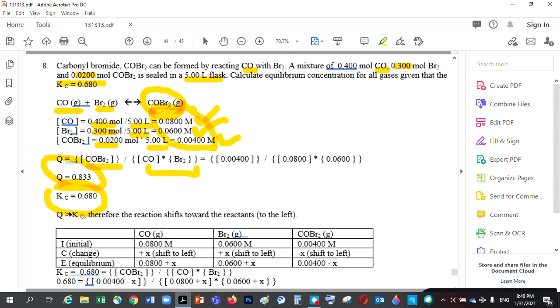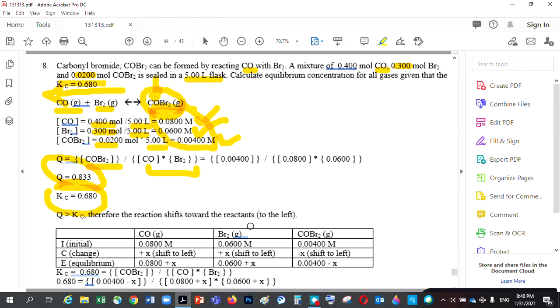So it means this reaction here, it favors what? It favors the reactants, correct? So this one will be our reactant in the ICE table, and those will be our products. Although it's written this way, by just comparing the numbers here, the reaction will favor the reactants.